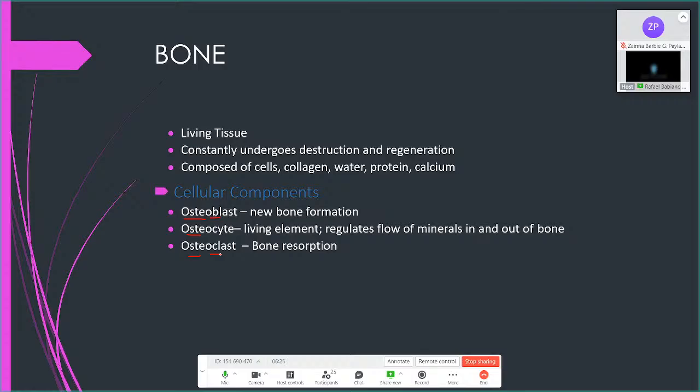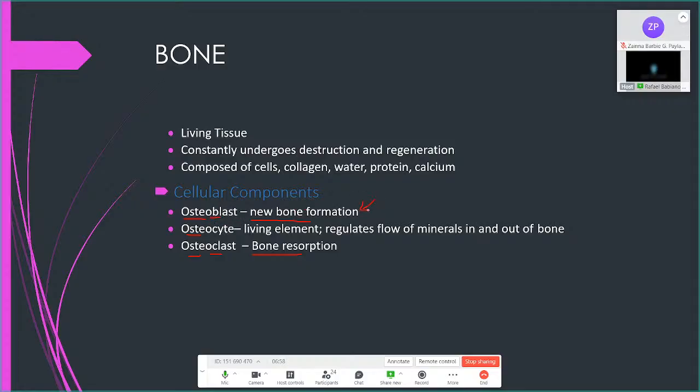The osteoblast and osteoclast are almost like rivals, because osteoblasts make new bone formation, while osteoclasts break down the bone, which is bone resorption. So it seems they are opposed.